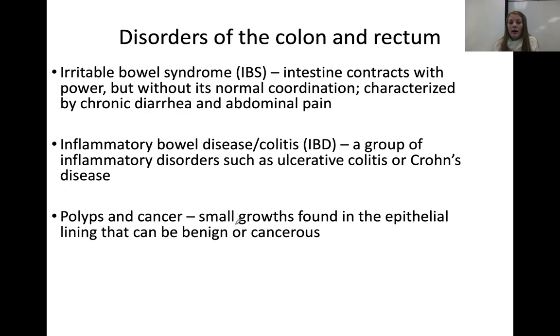And so this is why colonoscopies are fairly common after the age of 50, because we're looking for polyps and cancer, such as small growths in that epithelial lining. We also find epithelial tissue in our skin and in our breast tissue. So all of those things that have quick cell turnover is where we start to look for benign or cancerous tissues.